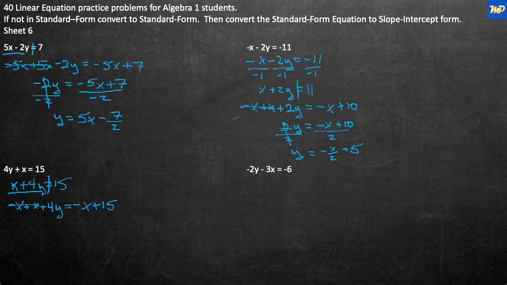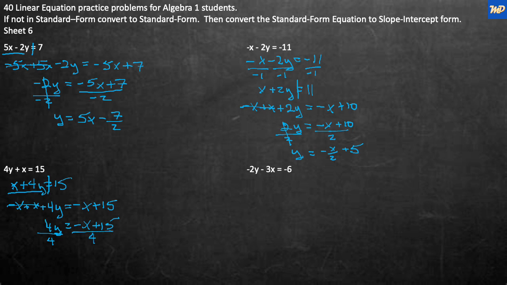Get rid of the x's on the left-hand side. We have a clear y on the left, but the y is still times 4, so we're going to see that we have 4y is equal to negative x plus 15. And to cancel the 4 on this side, we have to divide everything by 4. So we're going to divide the left side by 4, and we're going to divide the right side by 4.